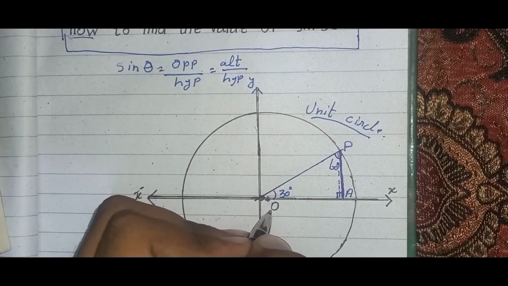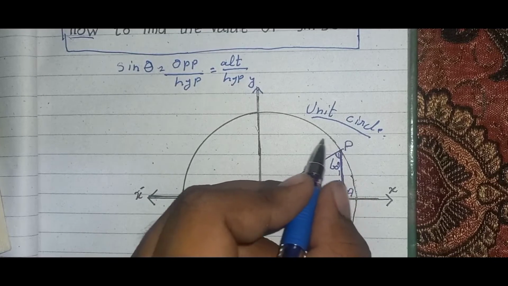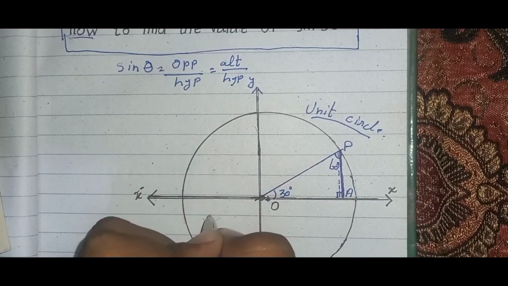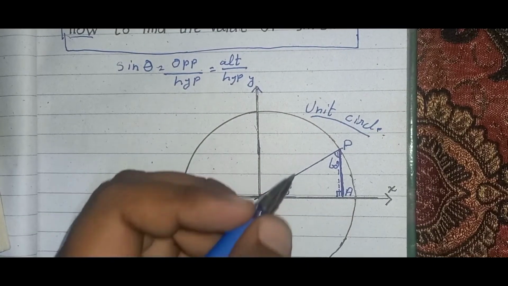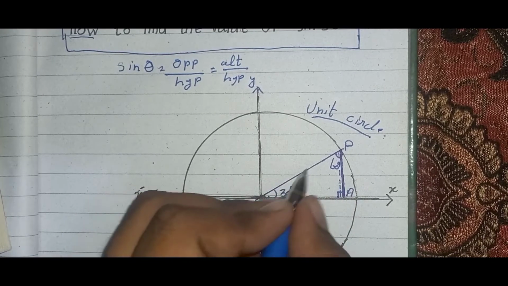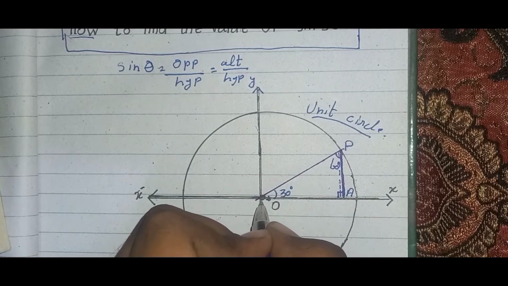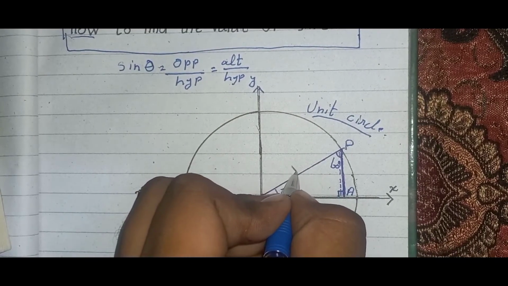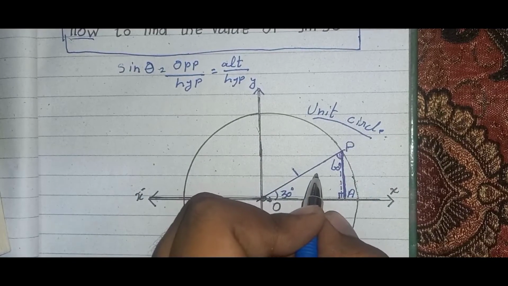So the value from origin to its boundary from everywhere is equal to 1 unit or 1 meter, 1 centimeter. So the value of the radius of the circle from O to P is 1 because this is our unit circle.